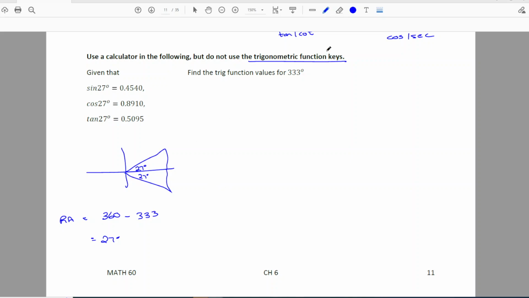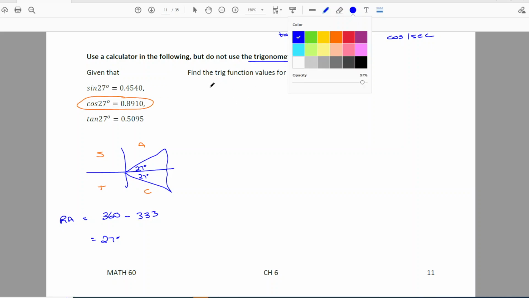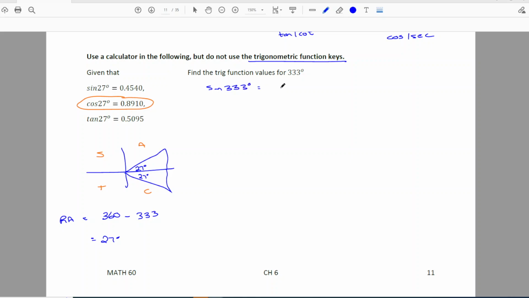So all of a sudden, if you realize that we are going to use the CAST rule, in quadrant 1, everything is positive, but in quadrant 4, the only one that's going to be positive is going to be cos. So right away, if I was to write sine of 333 degrees, it's going to be the same, but negative.